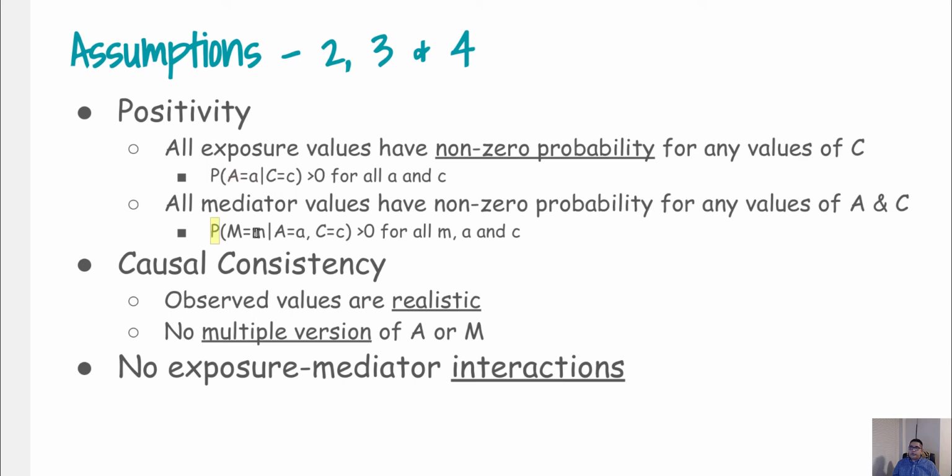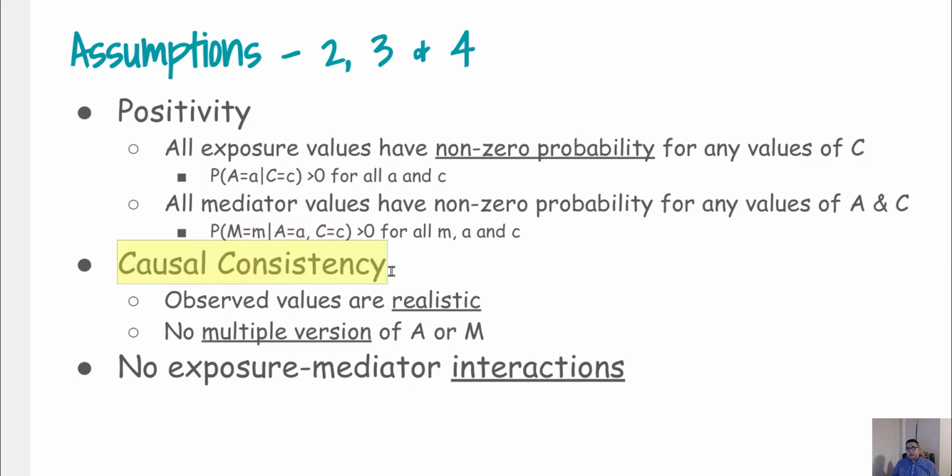But for our mediation analysis, we need to consider this extra probability of being mediated given that the person belonged to a certain exposure group and certain confounder group, and that probability being greater than 0 is something that you need to make sure of now.